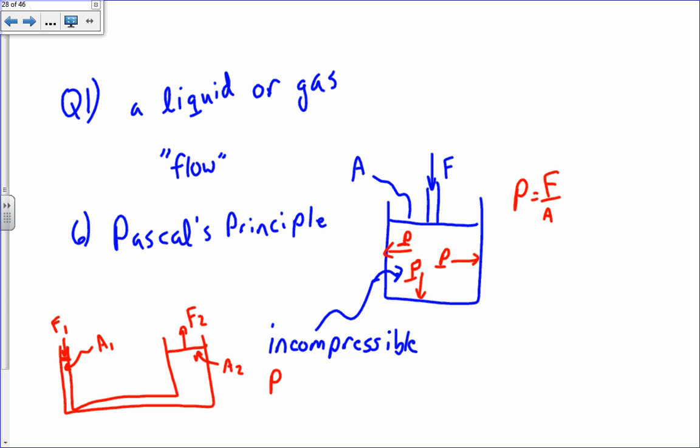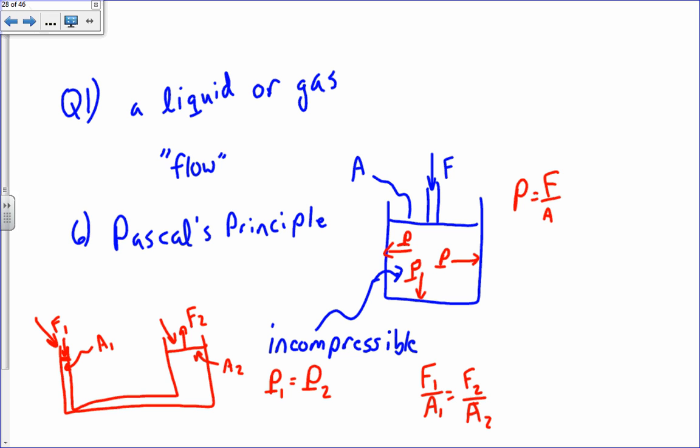Pascal's principle says that the pressure over here, P1, is equal to the pressure everywhere else in the container, including right here. So I can say that F1 over A1 equals F2 over A2. So I can get a big force out by putting in a small force.